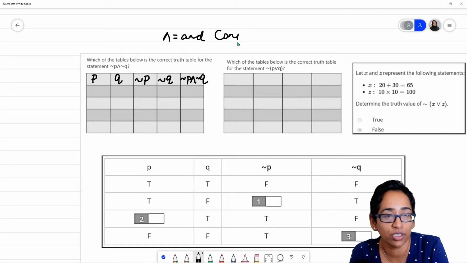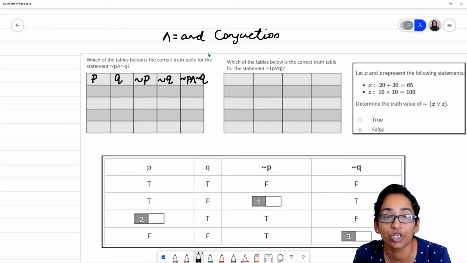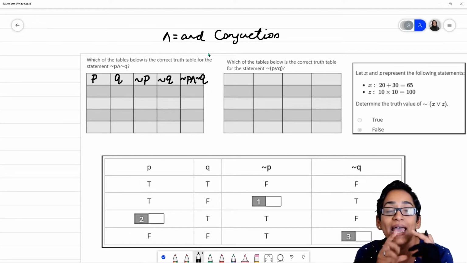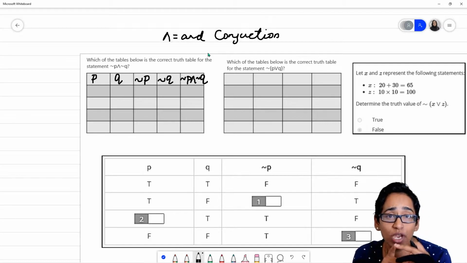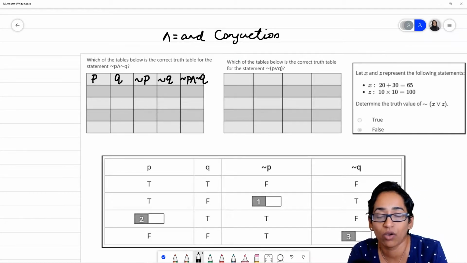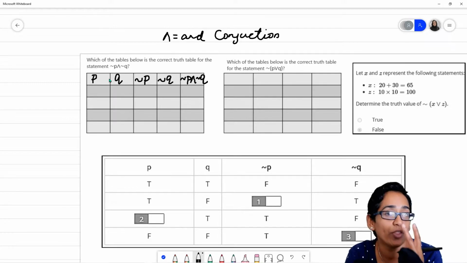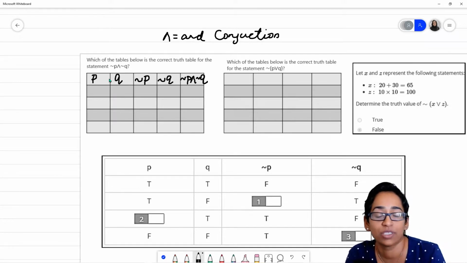It's a conjunction. So every time you have a disjunction or conjunction, I highly recommend having the truth tables right next to you. To do that, let me go ahead and write this down. When you have more than one statement, that is, when you have two statements, you have all these four options.